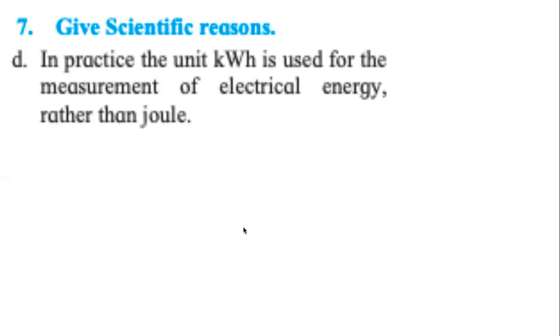And we have to give a scientific reason. That means we have to explain why this is done. Why don't we use joule? Again, the joule symbol would be capital J. Kilowatt hour is kilowatt hour. The question is simple. Why do we use kilowatt hour and not joule?